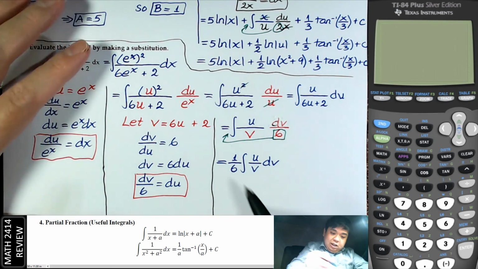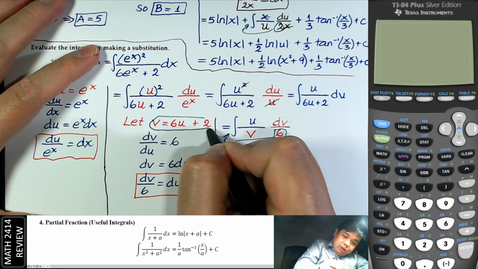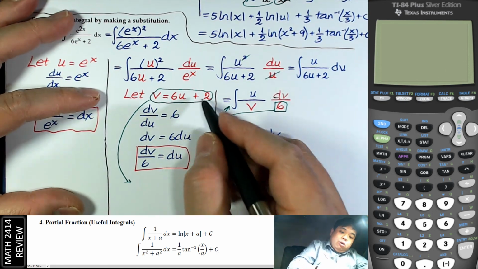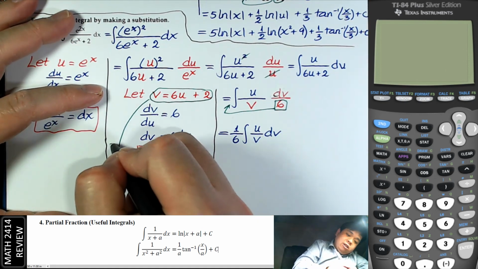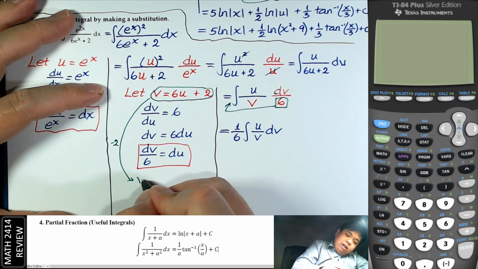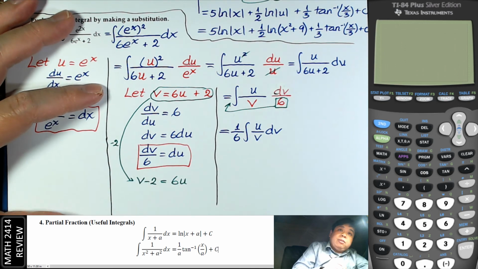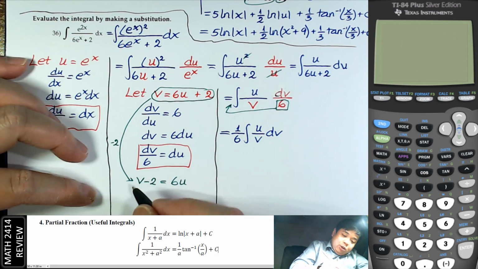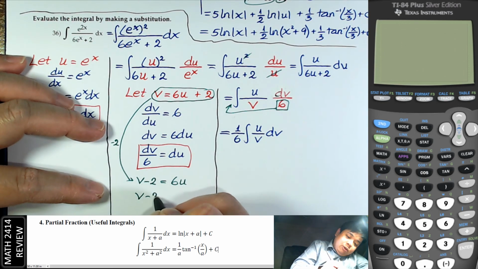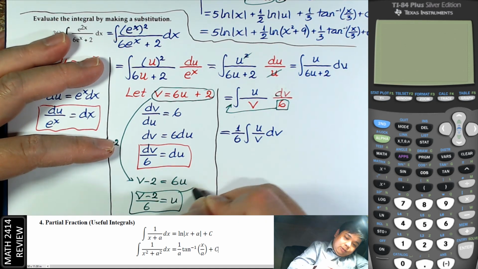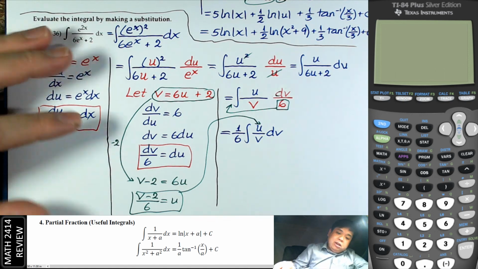From here, we can just solve for u easily. Subtract 2 on both sides. We have v minus 2 equal to 6u. Divide over, so we have u equal to v minus 2 divided by 6. Then we can substitute into that u.